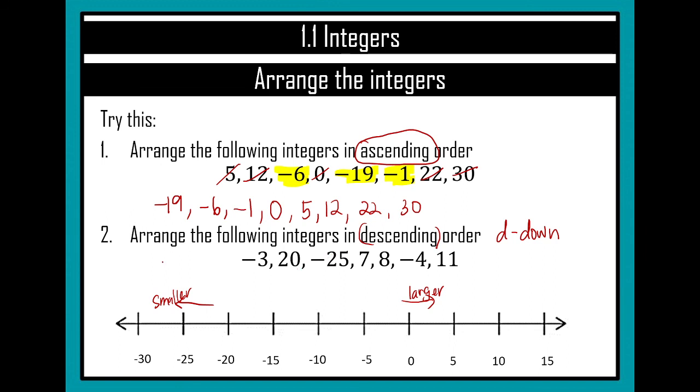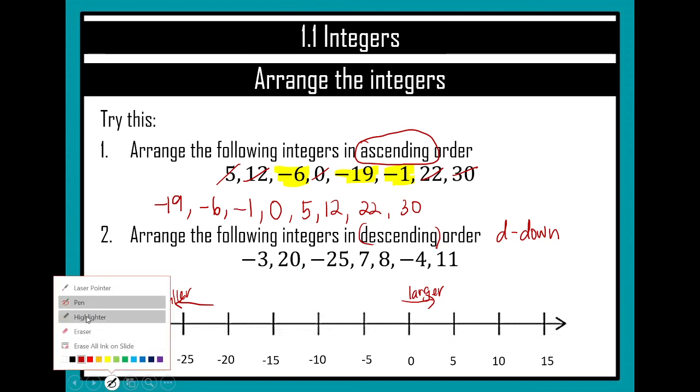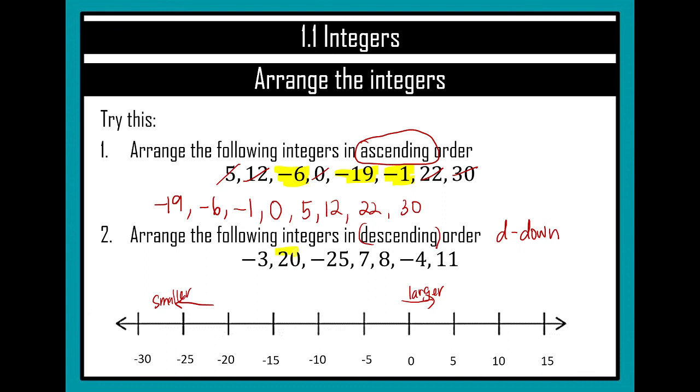If it's from the biggest, we start from the positive integers. So I'm going to highlight all the positive integers first. Among the 4 integers that are highlighted, 20 will be the largest, followed by 11, 8, 7.